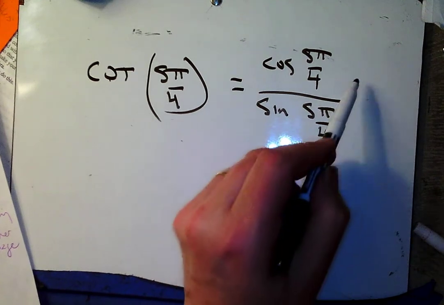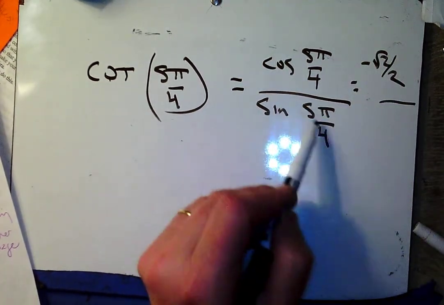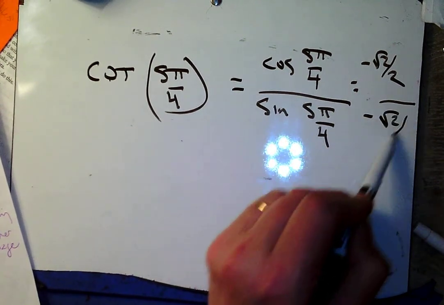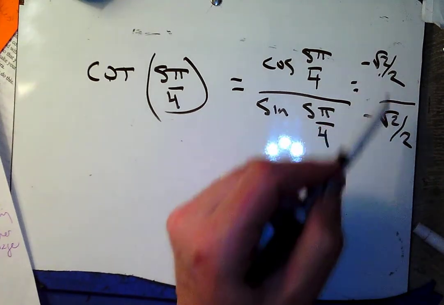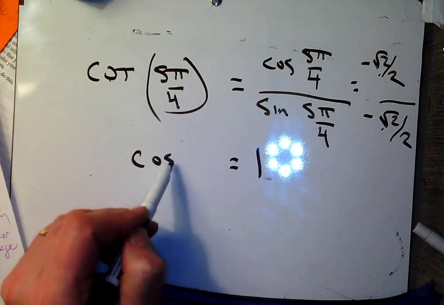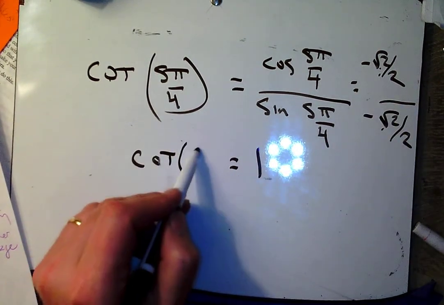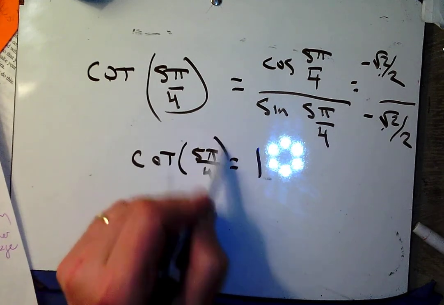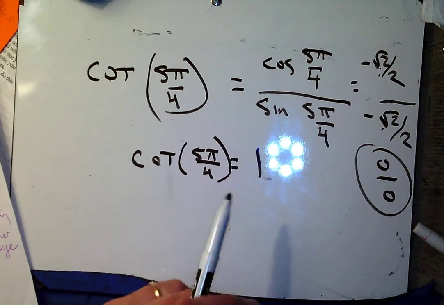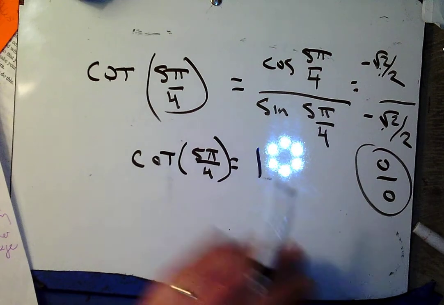We know the cosine of 5 pi over 4 is negative root 2 over 2, and we know the sine of 5 pi over 4, third quadrant, so sine is negative as well. And so number divided by itself, almost always 1. The only time, remember, that number divided by itself is not necessarily 1 is when we have 0 over 0. And that'll be a big exploration for us in calculus. Okay, cotangent is positive 1.